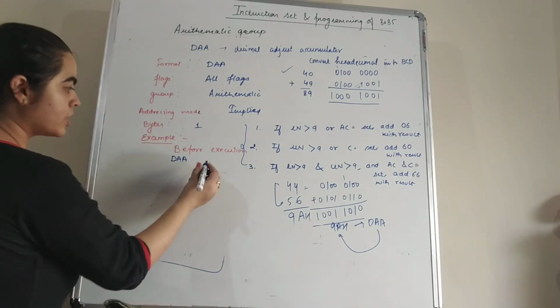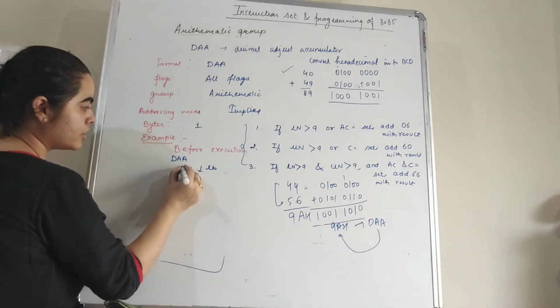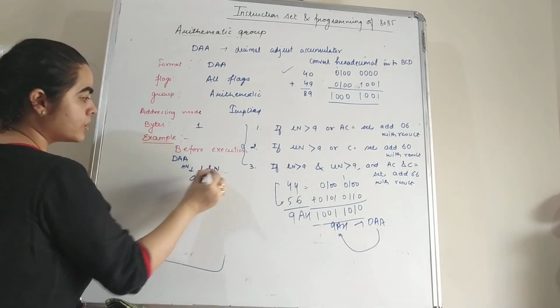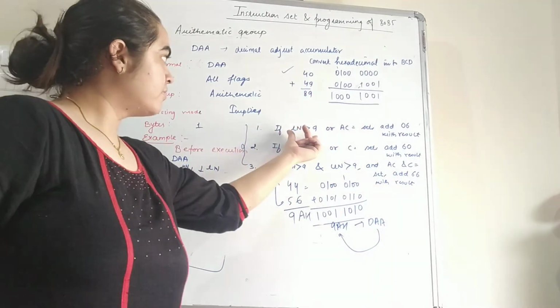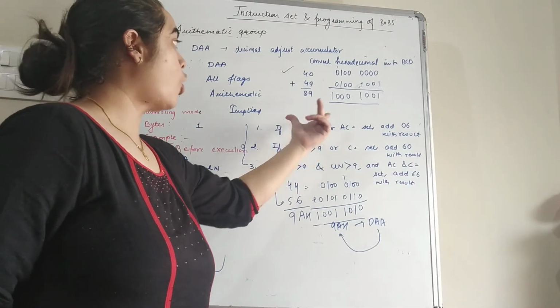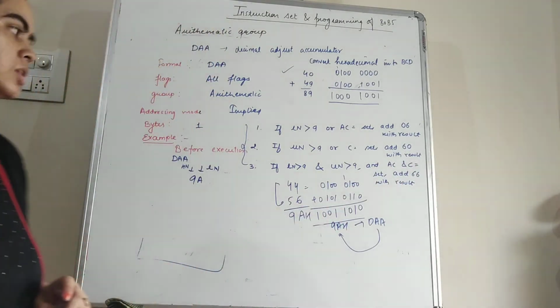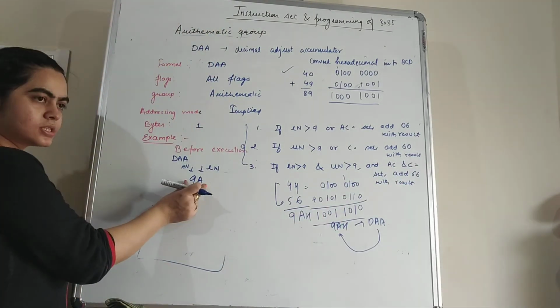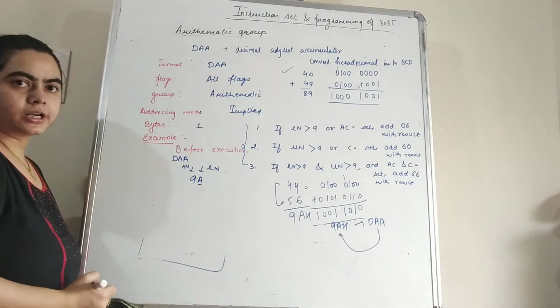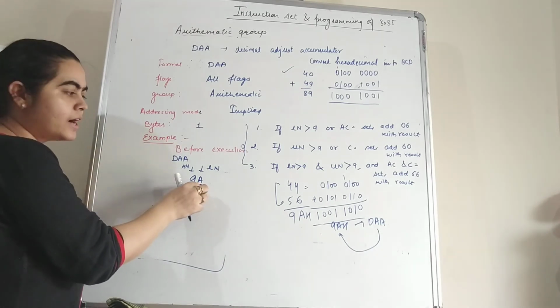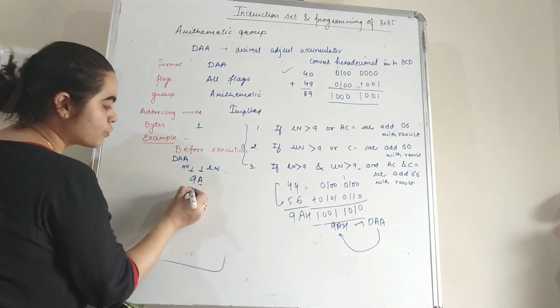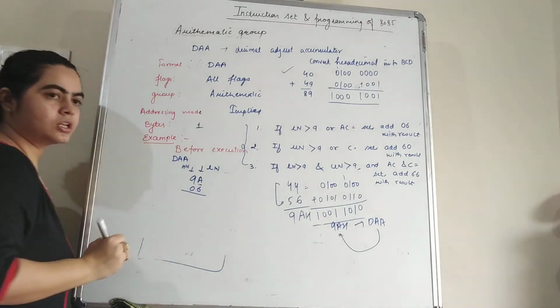This is the lower nibble and this is the higher nibble. If the lower nibble is greater than 9 or auxiliary carry is set, then we add 06 with the result. Here the lower nibble is greater than 9, because A is 10, so we add 06 with the result.